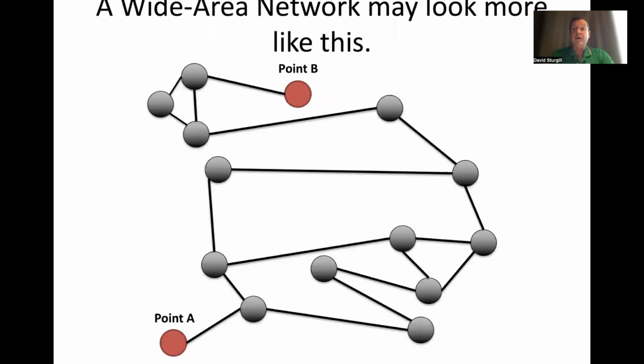On a much larger network, like one that we might hope to communicate around the world with, we're not going to be able to make those assumptions. We might have a network that's got a very irregular topology. So when we send a message from one host to another, we might have to make a lot of decisions about how to get that message all the way from the sender to the receiver.